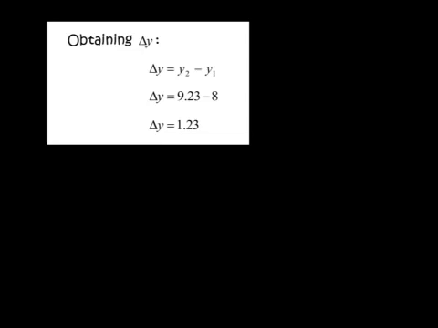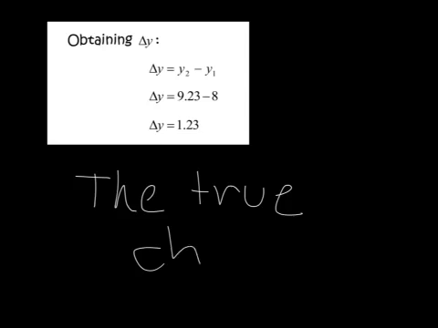If you remember the instructions, we were asked to find delta y, which is the real change in the function. We can do that by subtracting y2 minus y1, which is 9.23 minus 8. So the true change for the function is 1.23.